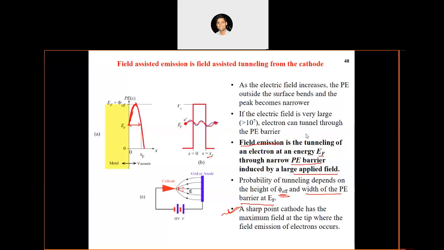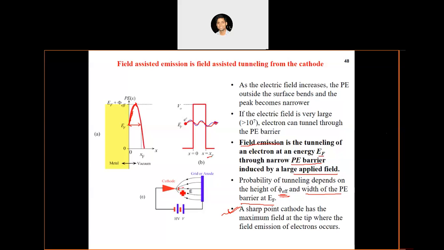Due to a small radius of curvature, right? What will happen because of the small radius of curvature? The electric field, yes, correct. He has given the right answer, Gopal Dev: the electric field will be higher. As we reduce the radius of curvature, the electric field generated at this point will be higher.